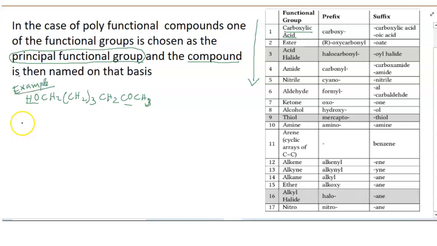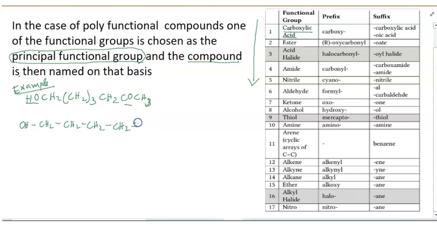So how can we write it? HO-CH2-CH2-CH2-CH2-CH2-CO-CH3.